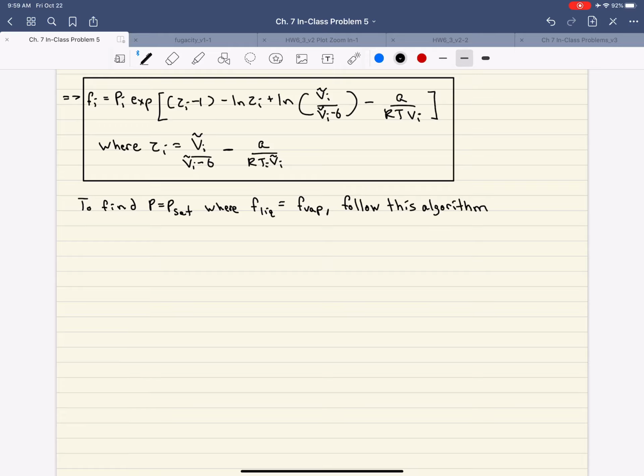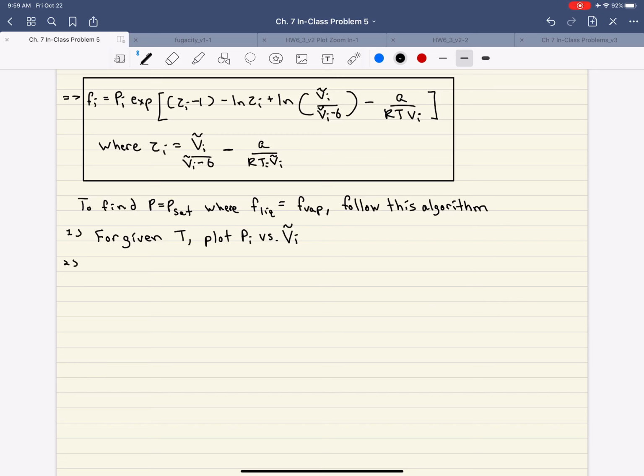Okay. For a given temperature value, you first want to calculate your pressures and then plot them versus the molar volume.